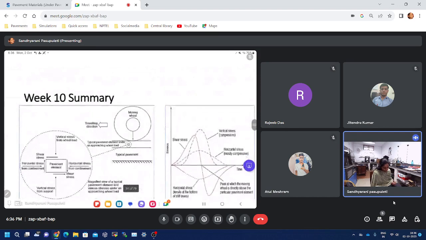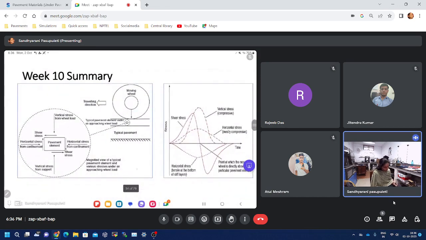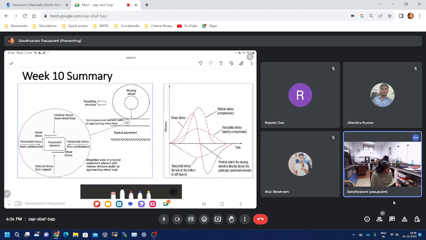So in the current lecture, before we proceed to the simulative test and also the fundamental test, let us observe how the pavement element will behave. Let us say this is our pavement and there is a small element.